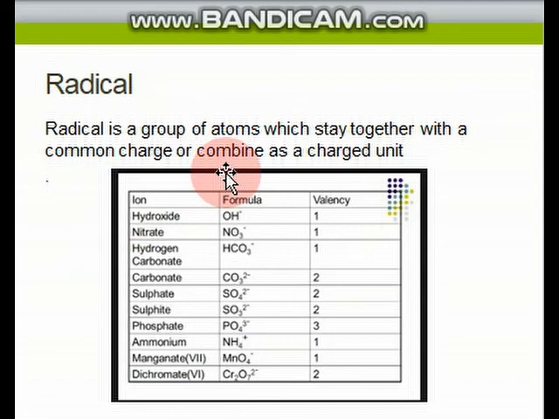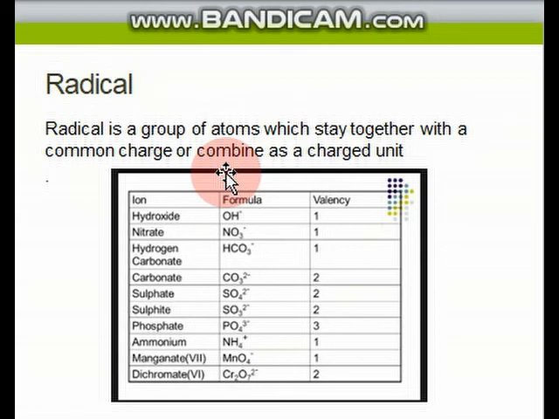Now it is important we learn about radicals, and radicals are basically a group of atoms which stay together with a common charge or combine as a charged unit. We are to memorize these and know their valencies. So you have hydroxide, OH minus 1, nitrate, NO3 minus 1, hydrogen carbonate, HCO3 minus 1.